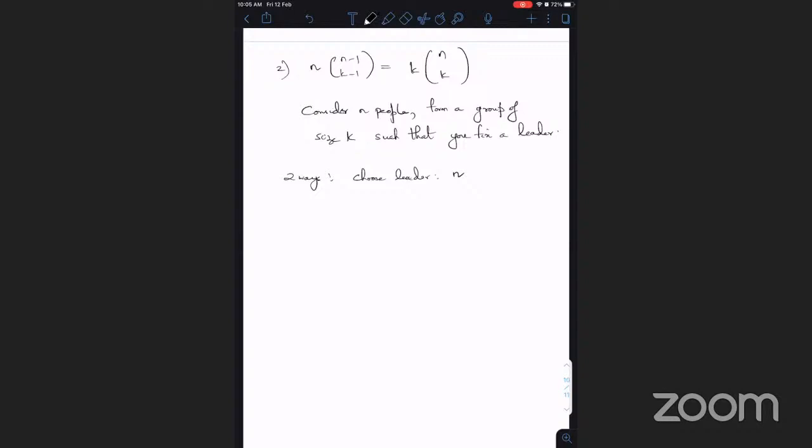Now, after you fix the leader, you have a group of size n minus 1, out of which you need to pick k minus 1. So you can do this in n minus 1 choose k minus 1 ways. Okay. And combining both of these, it's exactly the LHS.